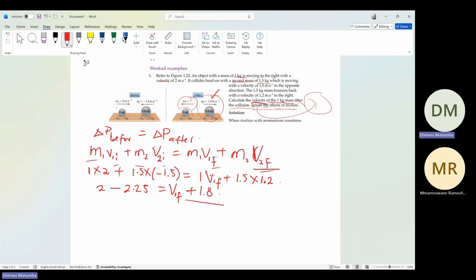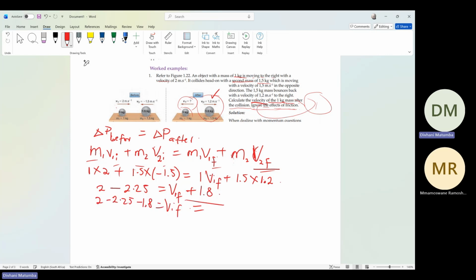If I take 1.8 to the other side, I will have 2 minus 2.25 minus 1.8 equals V1 final.